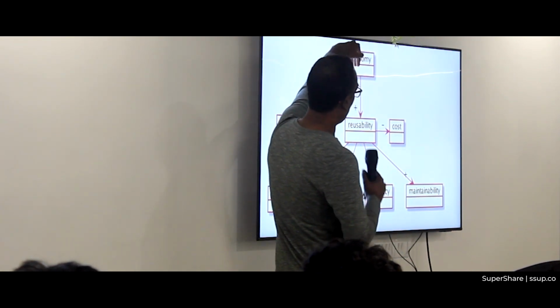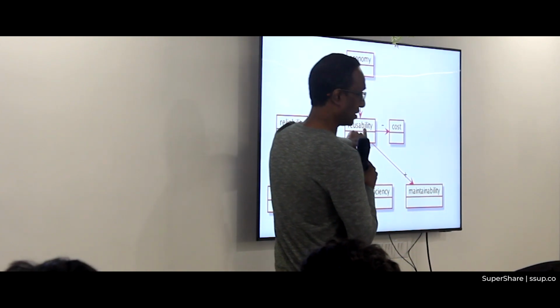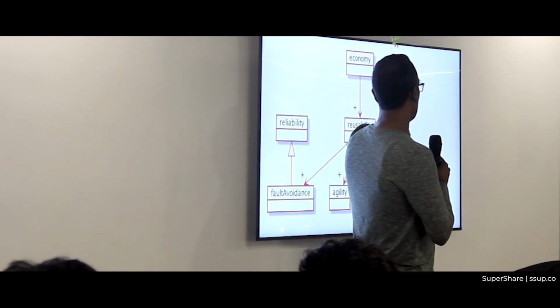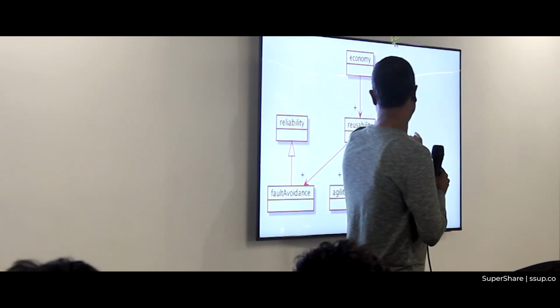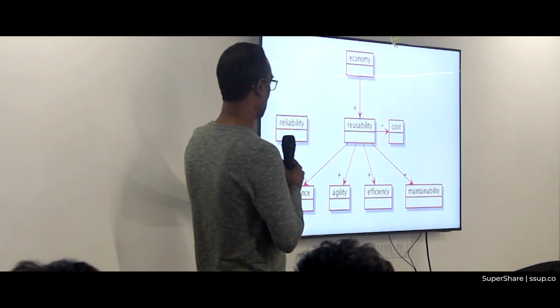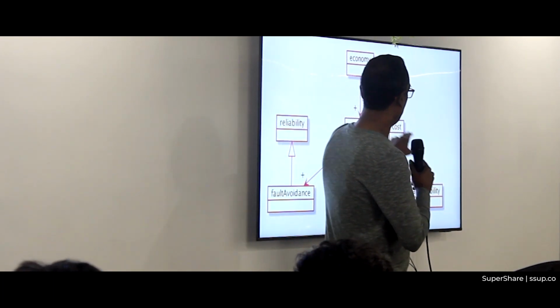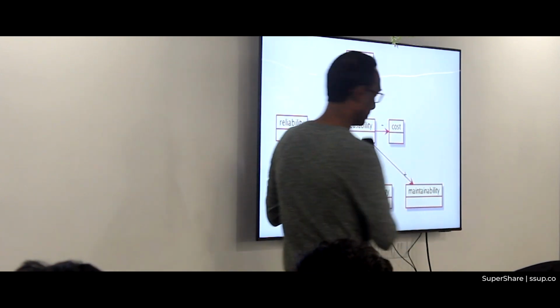When you strive for economy, you increase the reusability of it. By doing so, you are reducing the cost of software development. You are increasing the fault avoidance. You are increasing the agility, the maintainability, efficiency of your code.